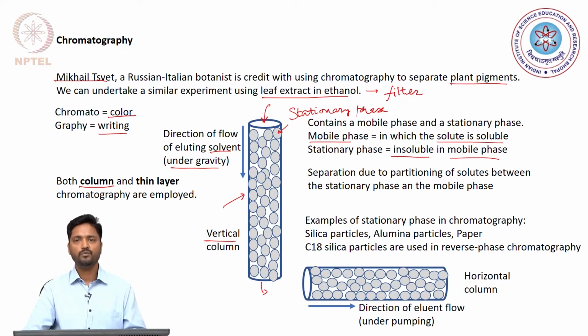So, often for organic compounds, the mobile phase is an organic solvent such as hexanes or ethyl acetate, or in certain conditions toluene.